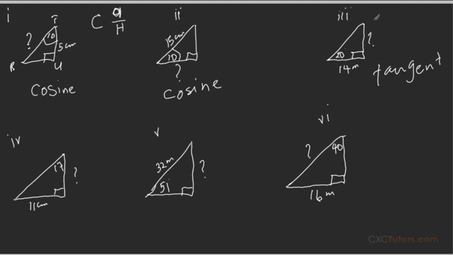And then of course we would have to find, in this case, the opposite side to the angle. If you look at this one, the angle is given, the opposite side is also given, and we're being asked to find the adjacent side. So the tangent ratio, again, is the appropriate ratio to find the missing side.